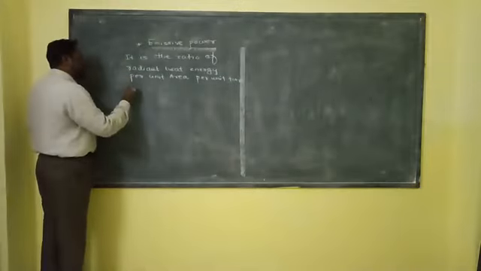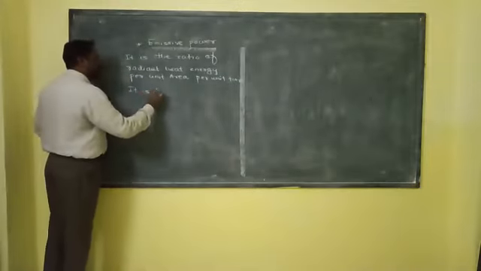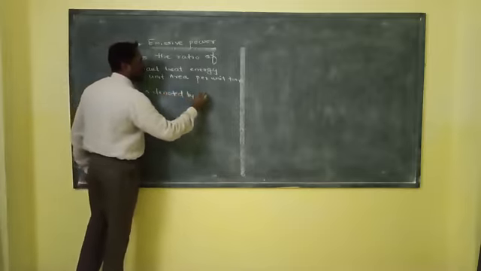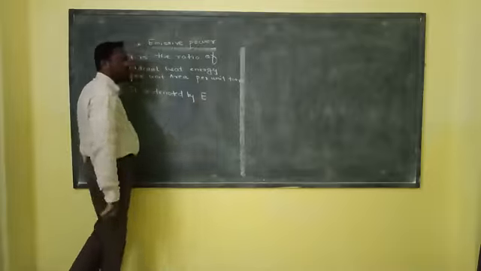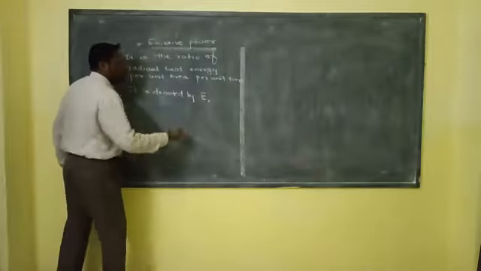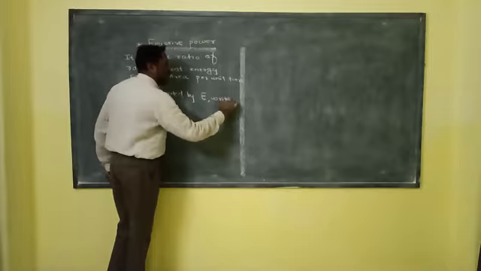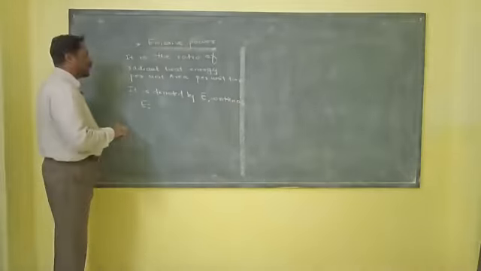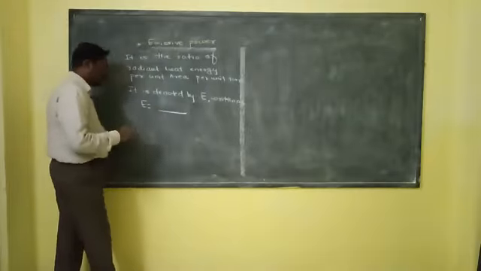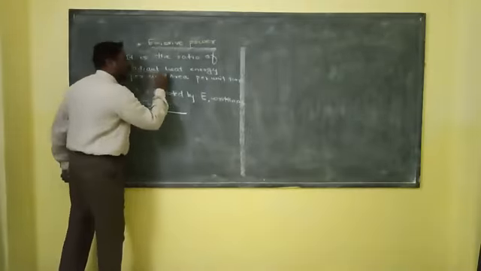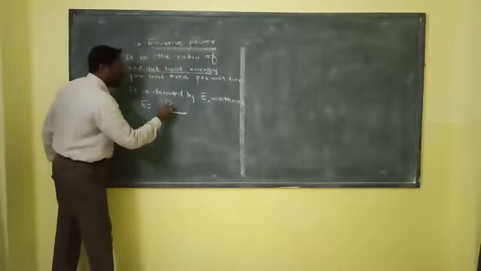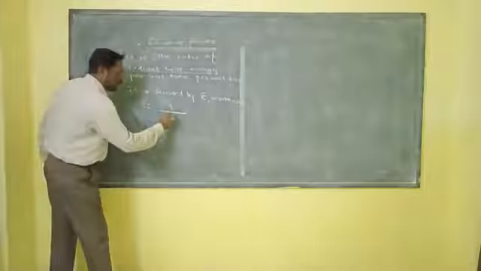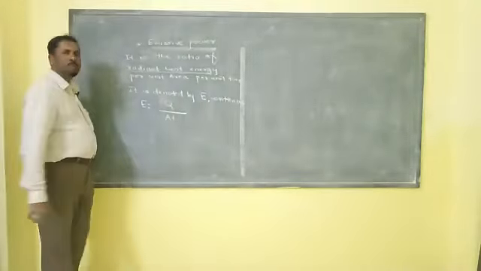It is denoted by the factor capital E, written as E is equal to the ratio of radiant heat energy, denoted by Q, per unit area A, per unit time T. So E is equal to Q by AT.